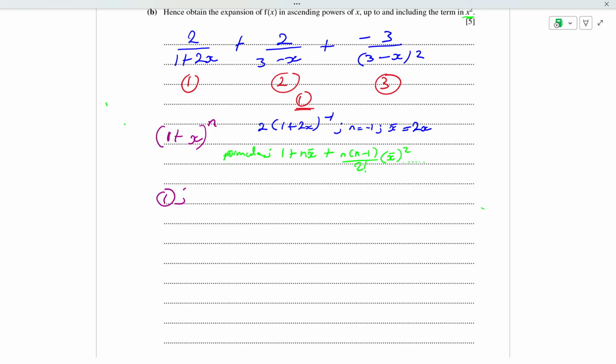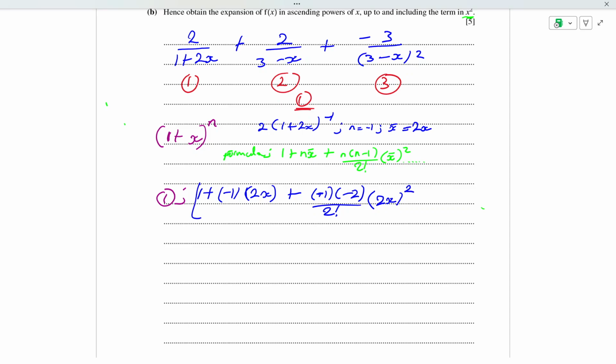Once you substitute that in the formula, then you would have 1 + (-1)(2x) + (-1)(-2)/2! multiplied by (2x)^2, right?